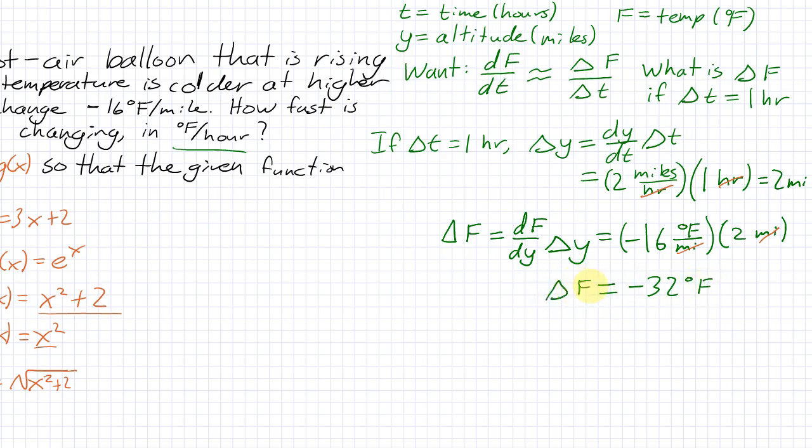And that's our change in F. Just to overview this logic a little bit, if 1 hour goes by, you're going to go up 2 miles, and if you go up 2 miles in that 1 hour, then that's going to be a change of negative 32 degrees Fahrenheit. So it will get 32 degrees colder in 1 hour. So that's basically the answer, negative 32 degrees Fahrenheit per hour.